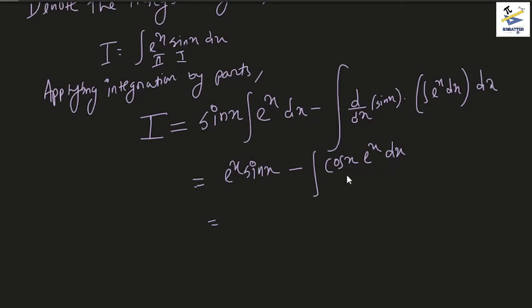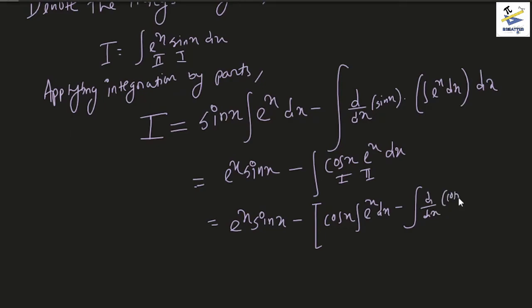Now this is another integral. So again we apply the same integration by parts technique with cos x as the first function and e to the power x as the second function. Notice how we have to do integration by parts twice here, and we are doing it, as you will see why. It becomes cos x into integration of e to the power x dx minus the integration of d/dx of cos x, and as you know, integration of e to the power x dx is just e to the power x.